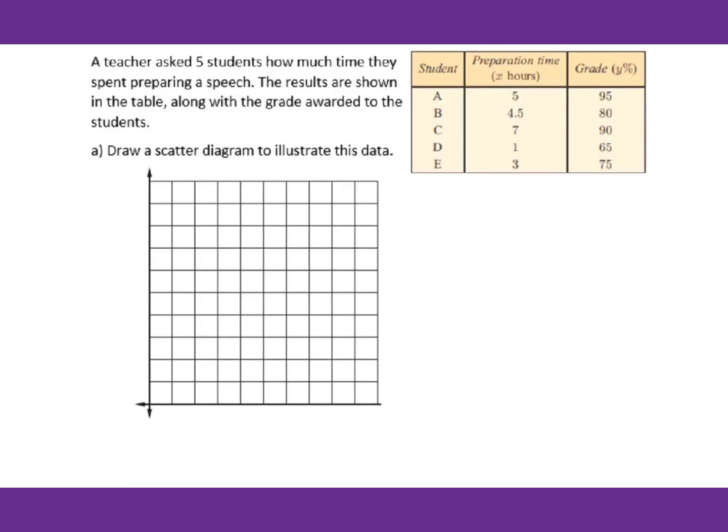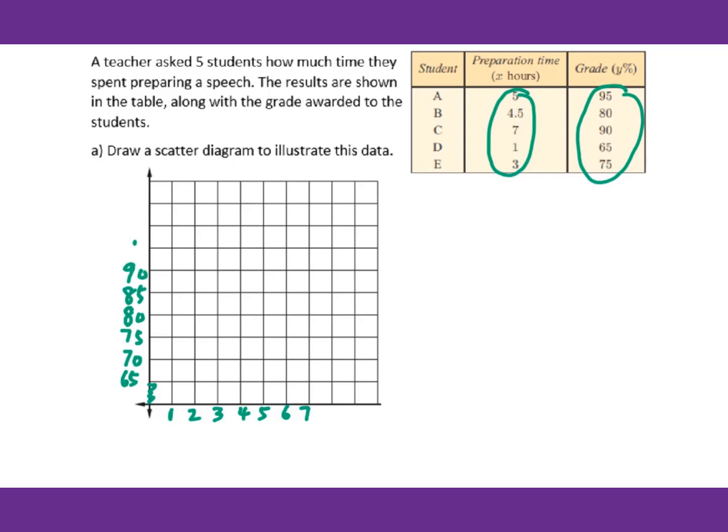Since our data for x is 1 through 7, we can just do 1, 2, 3, 4, 5, 6, 7. For the grade, the lowest one is 65, so I can do 65 here. Then you do 70, 75, 80, 85, 90, 95.